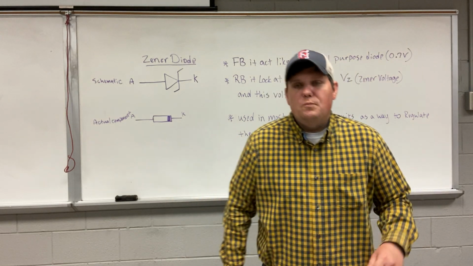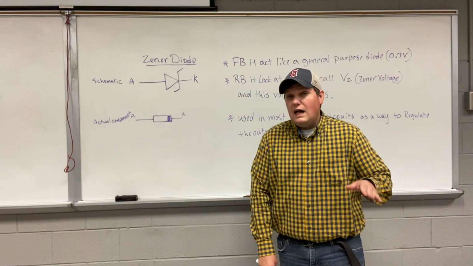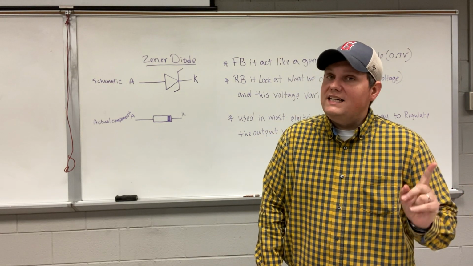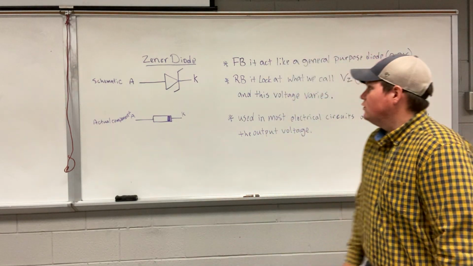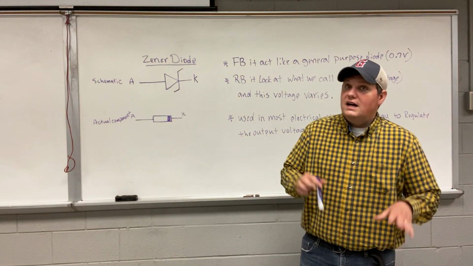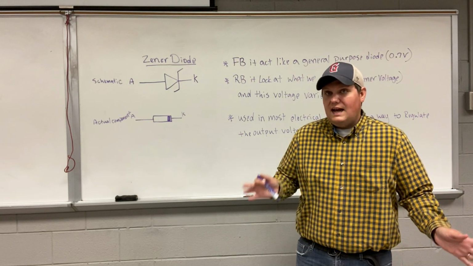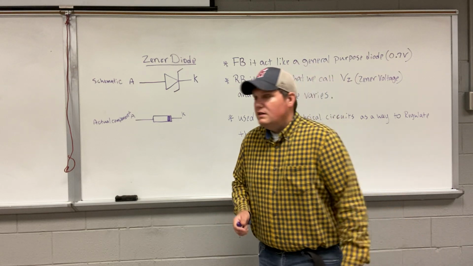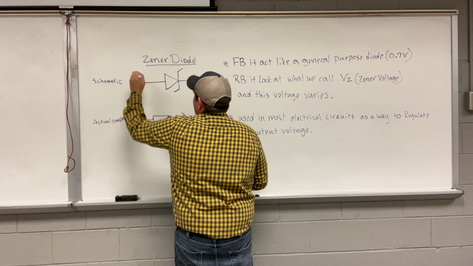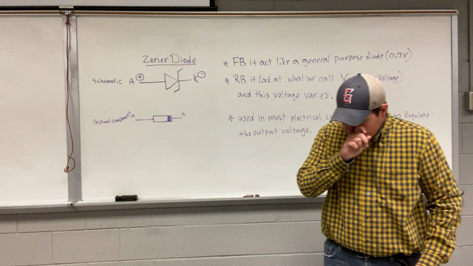Okay, so a Zener diode has some characteristics a lot like a general purpose diode. However, it has one key difference, and that's what we're going to go over today. Forward bias, again, is always going to be anode more positive than the cathode. Always. So if your positive is at your anode and your negative is at your cathode, that means that it's forward bias.